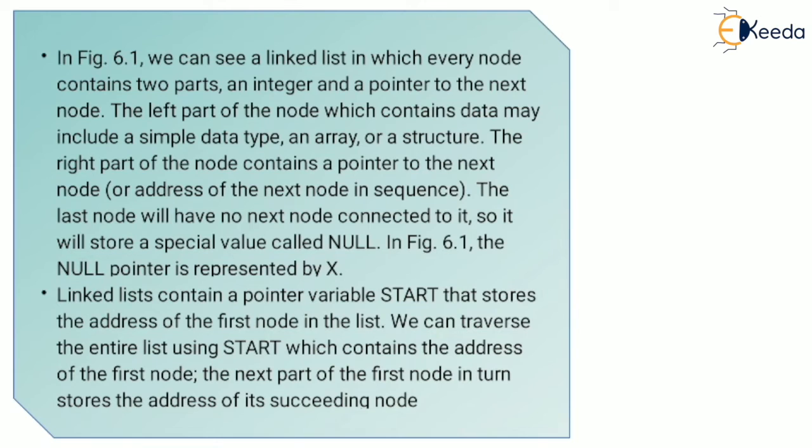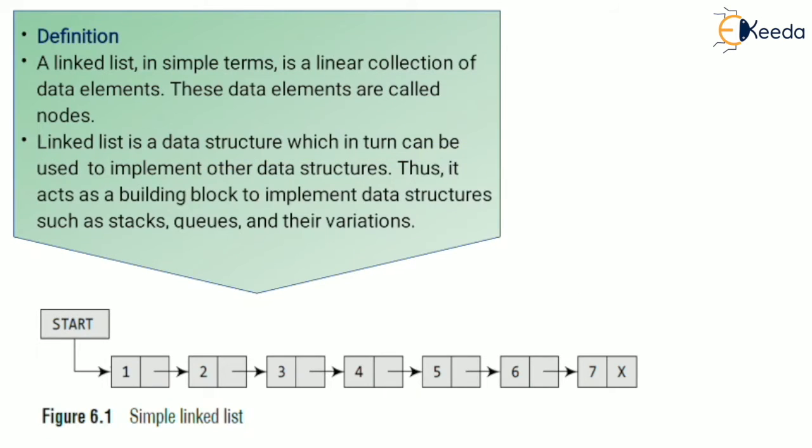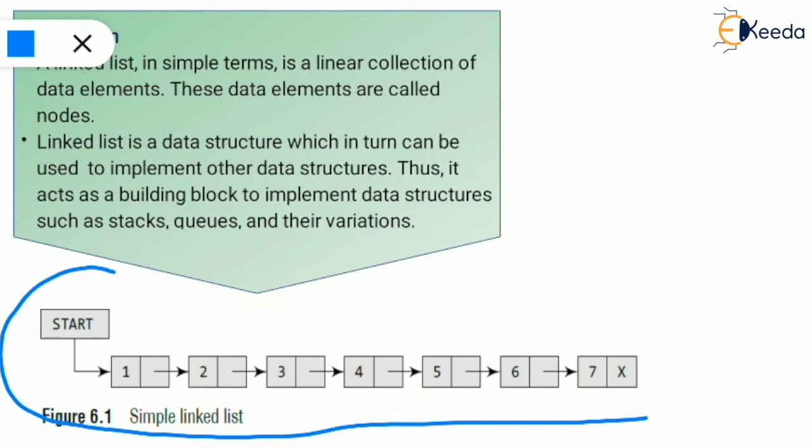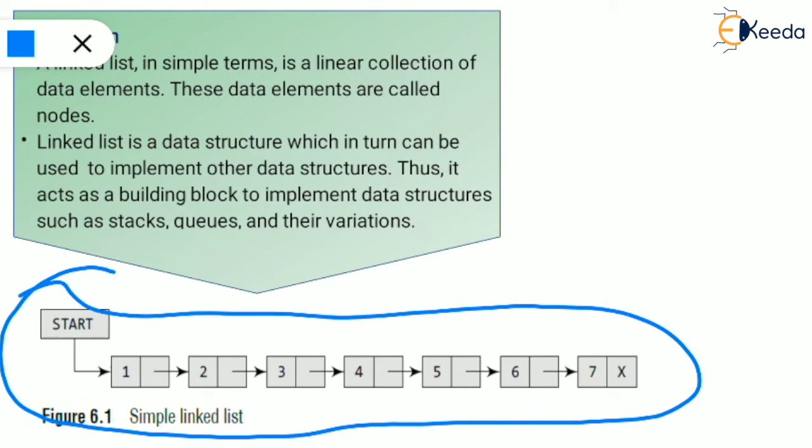Understand? For you, I am again repeating the simple linked list. Just understand again. This is a form of a linked list, which is very simple, which is a starting point. Here the start is there. Start stores the address of the first node.